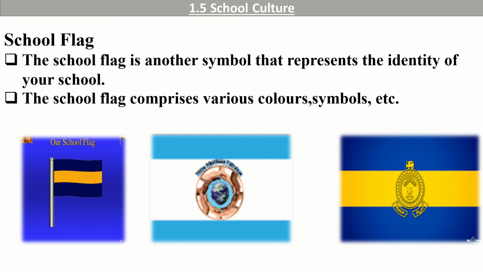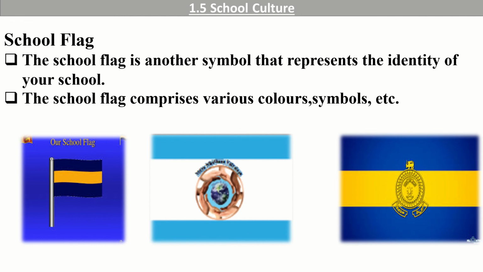The colors and symbols in a school flag have been used in order to represent various ideas. You know that some colors show various ideas. You know about the national flag, where we can see various ideas. Discuss with your teacher what the colors and symbols in the flag of your school represent.